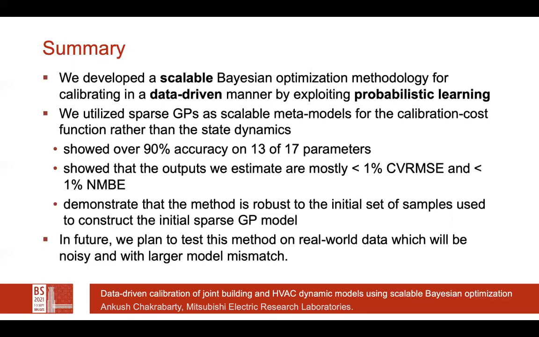We showed over 90% accuracy on 13 out of 17 parameters learned concurrently. We showed that the outputs we estimate are within ASHRAE limits in simulation. And we also demonstrated the method is robust to the initial guess or initial set of samples used to construct the sparse GP model.